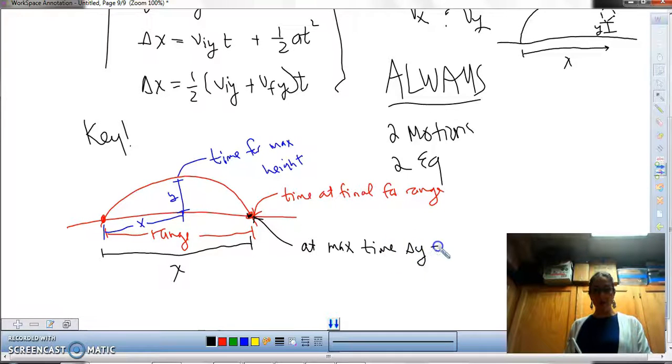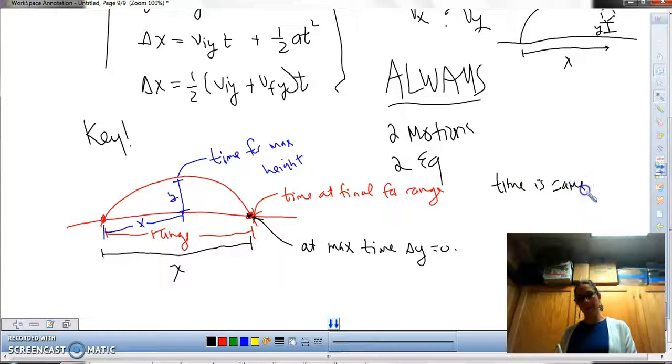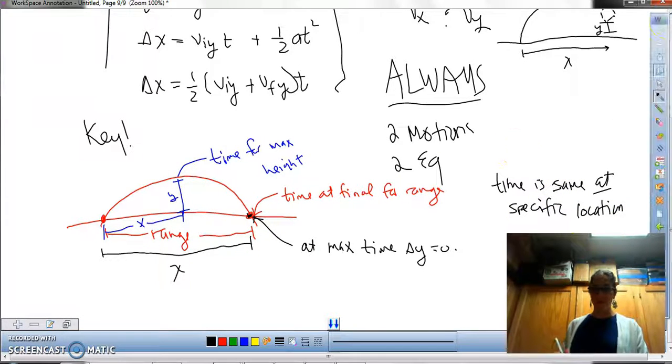So delta y would be 0, which is actually not helpful, right? Because although it's true the height is 0, it may not be helpful for other parts of the problem. So just be careful with time. Time will work at that location. So time is the same at a specific location. And you'll notice how I change my times depending on what the problem wants. So just be careful with that.